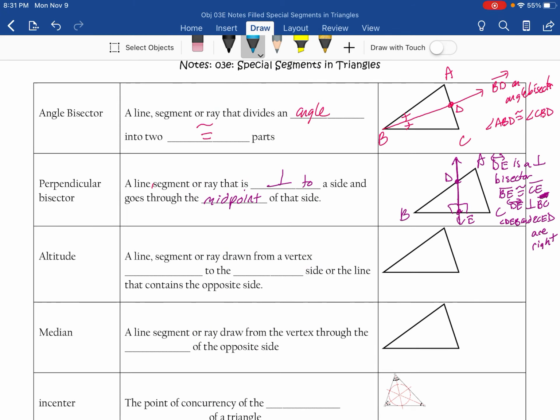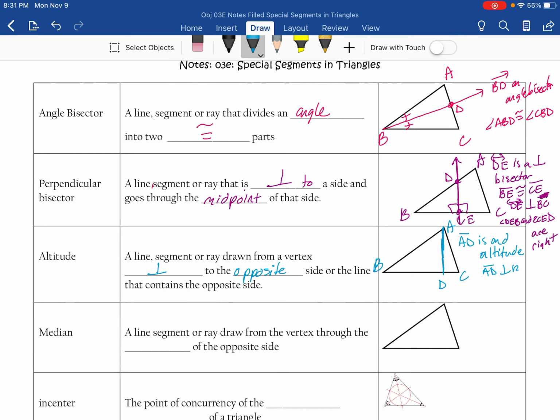Next thing is an altitude. An altitude is a line, segment, or ray drawn from a vertex perpendicular to the opposite side or the line that contains the opposite side. So every triangle has three altitudes, three perpendicular bisectors, three angle bisectors, and three medians. Drawn from here, this would essentially be the height. So this is ABC, we call this D, and if AD is an altitude, then there are just one or two things that you can conclude.